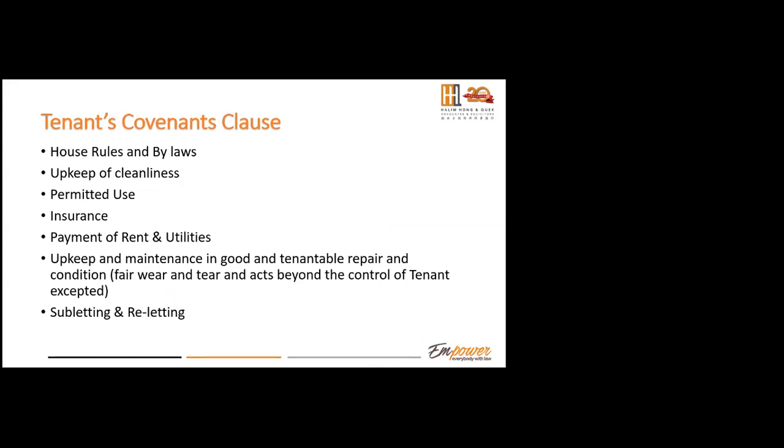If you did anything which will affect the landlord's insurance, for example, the landlord was paying 10,000 per month for the insurance premium, but because you are using the property for dangerous activities, which affects the insurance premiums payable by the landlord, then you will need to compensate the landlord. So this is insurance, payment of rents and utilities, upkeep and maintenance.